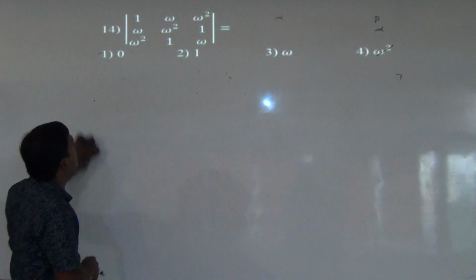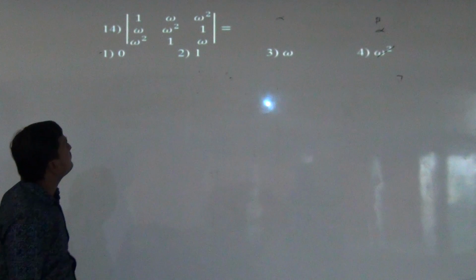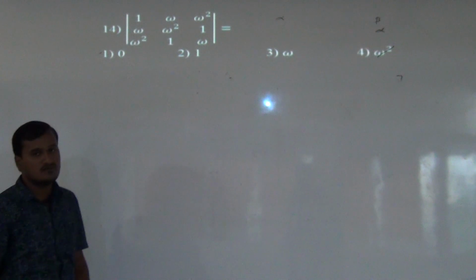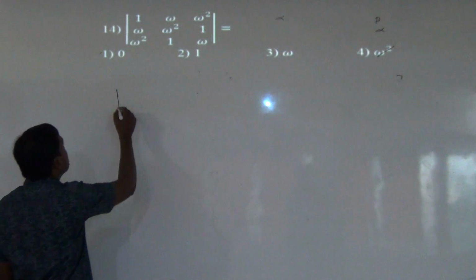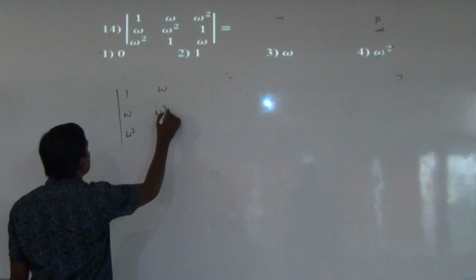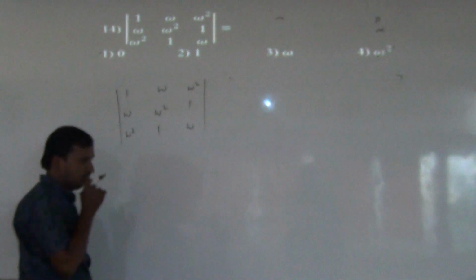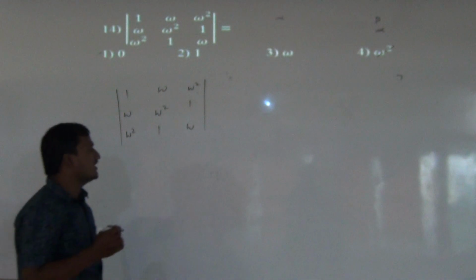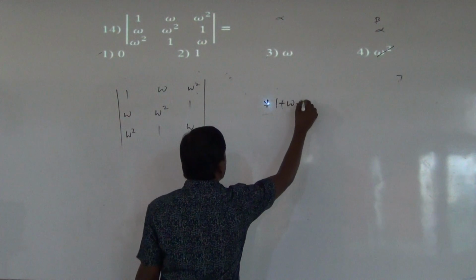1, omega square, 1, omega square, 1, omega, 1, omega square, 1. So how to find the value of this determinant? For this one you should know the value of 1 plus omega plus omega square.